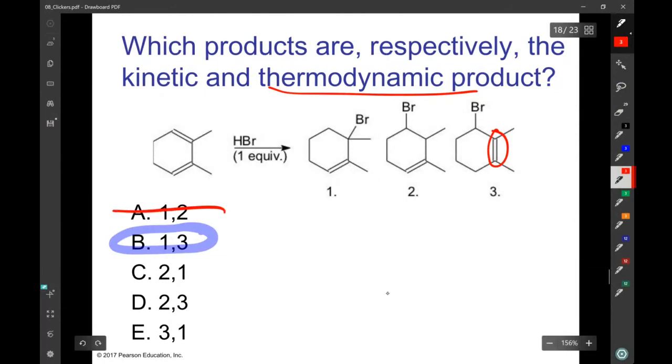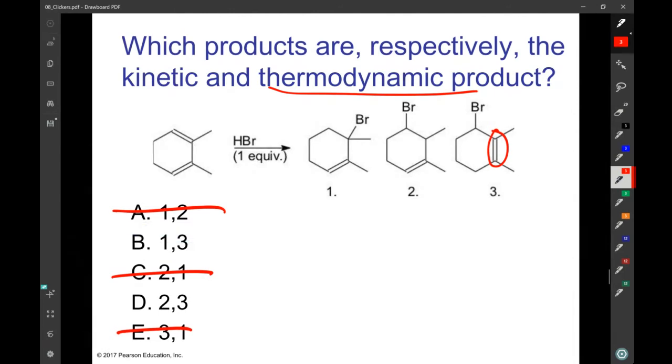By doing that, A, C and E are out of the game because the thermodynamic product will be the second one. So the choices are now limited to B and D because they both have 3 as their thermodynamic product. Does that make sense for everyone?